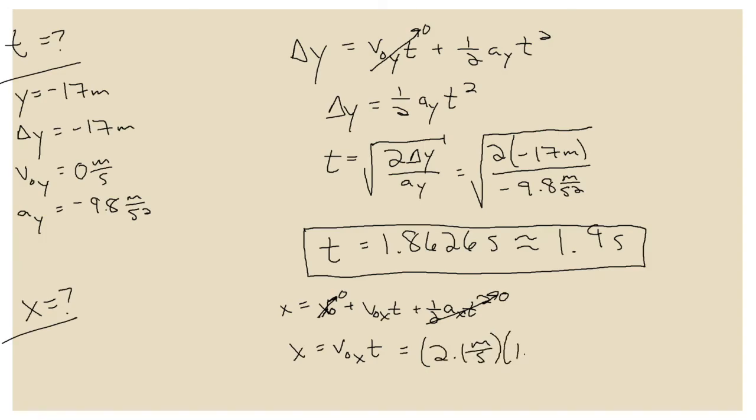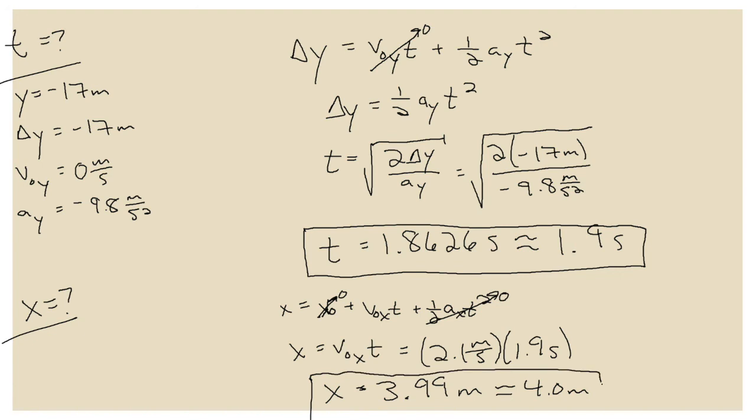And our time here is 1.9 seconds, as we just calculated. And that gives us a horizontal final position here of 3.99 meters, or what we can call 4.0 meters.